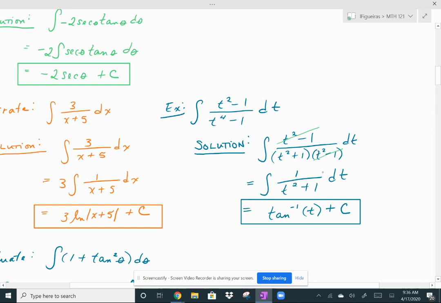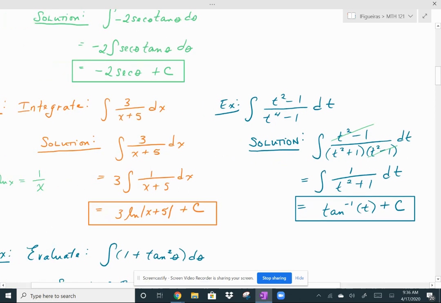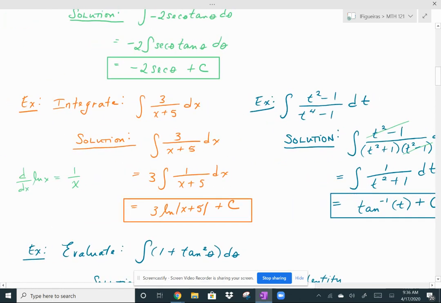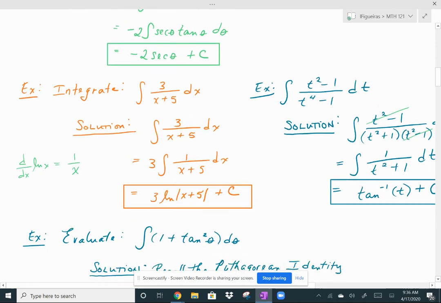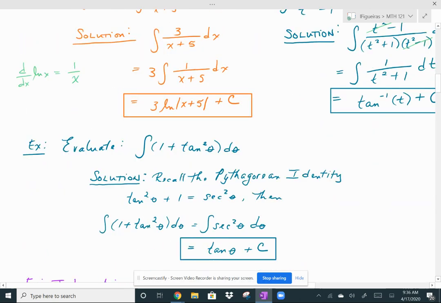That's actually the derivative of arctangent or tan inverse. So the antiderivative is tan inverse of t plus c. So if these don't ring a bell, I highly recommend that you go back to look over all of your derivative rules from previous sessions.